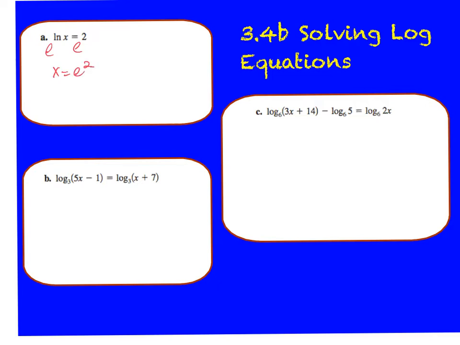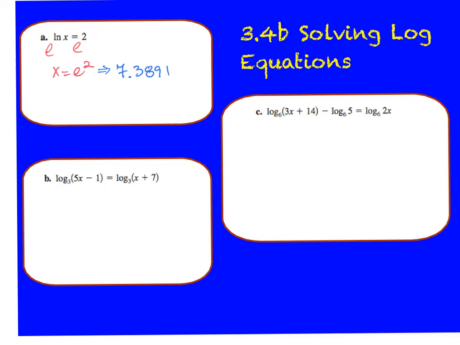If I wanted to round to 4 decimals, I'd put that into my handy dandy calculator. And what would we get? 7.3891. All right, let's look at B.